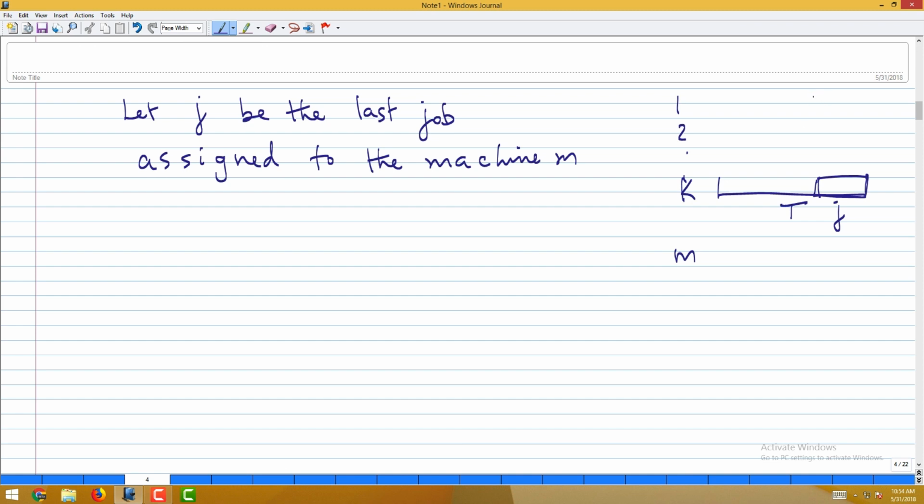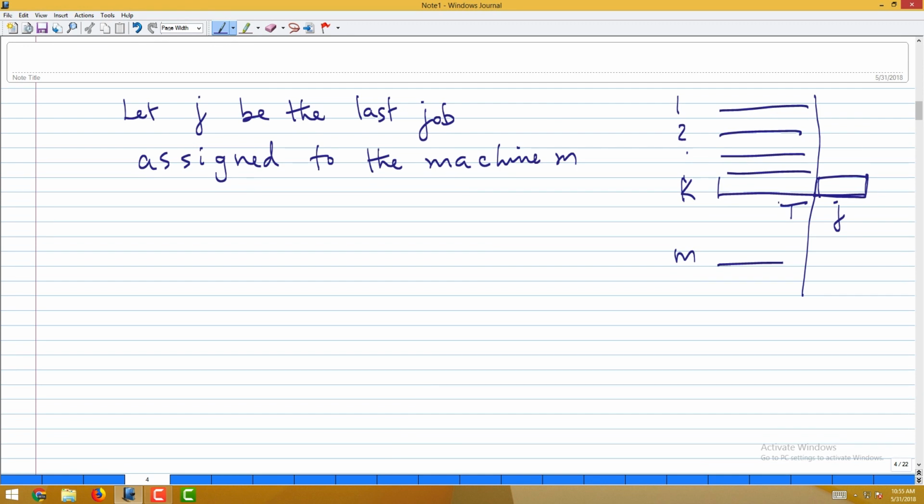Now, at this point, what can you say about the load of these machines? Greater than or equal to whatever the load of machine K is at this point.